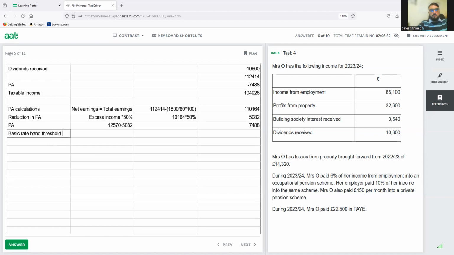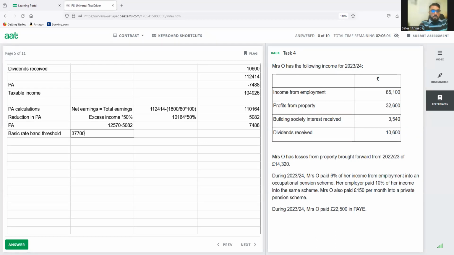You can just write basic rate threshold, which will be 37,700, where I have taken the amount, of course, from the reference material. If you don't remember it, you don't have to remember it in the exam because it will be provided to you as part of the reference material. But I'm just trying to save some time, so I'm not going through the reference material, but you can check it in your own time.